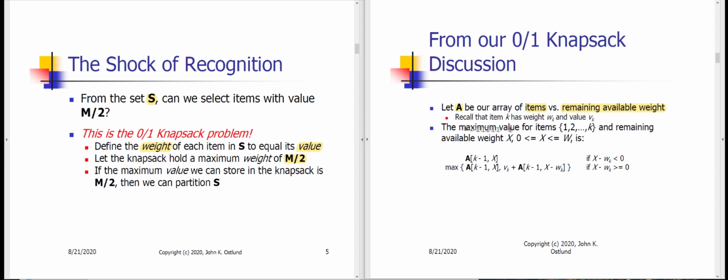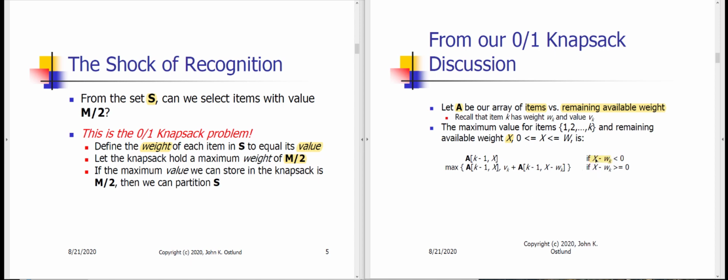Then we figured out that the maximum value we could get from all of the items from 1 up to k, that is all of the rows from the first row up to the kth row, in the column where the maximum available remaining weight was some x, was going to be the value in the same column and the row above in the case where the weight of the current item was too big to fit.